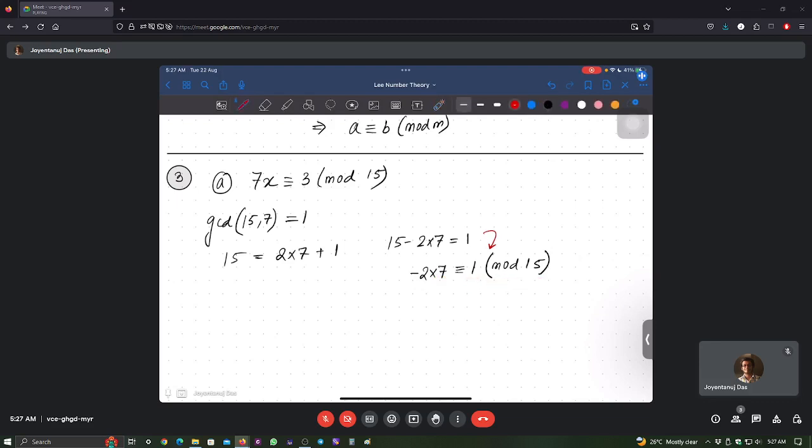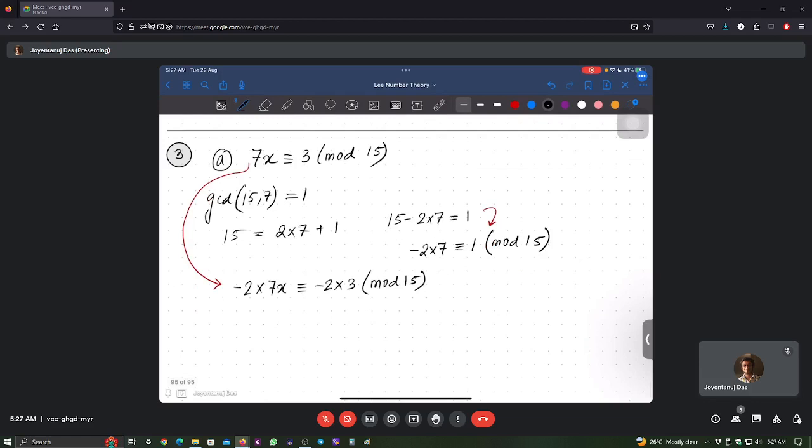Now from the starting equation, if I multiply both sides by minus 2, we can do that.